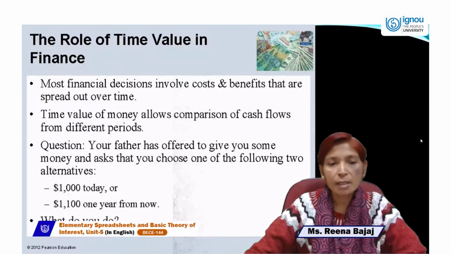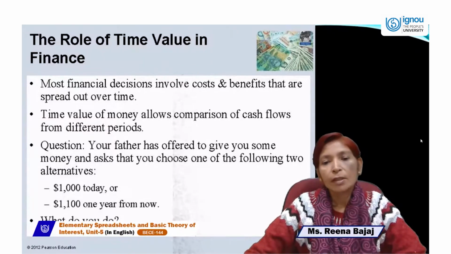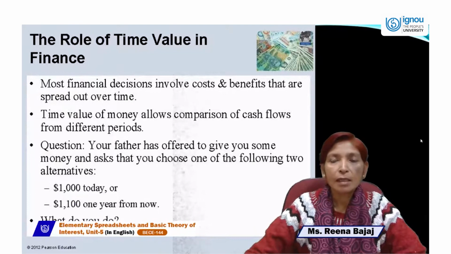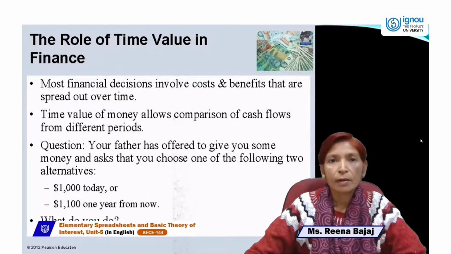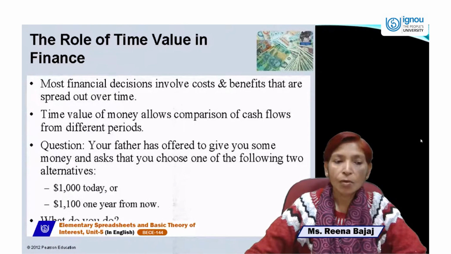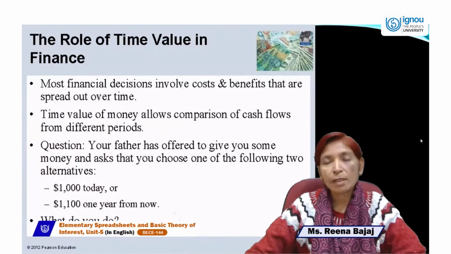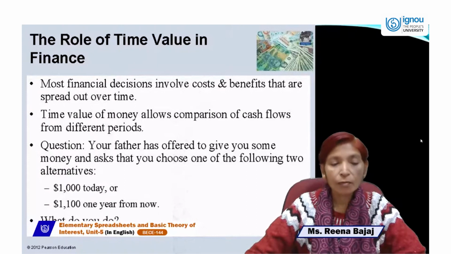Here the question is, if your father has offered to give you some money and asks you to choose one of the following two alternatives: either you can take $1,000 today or $1,100 after 1 year from now. Then what do you do?